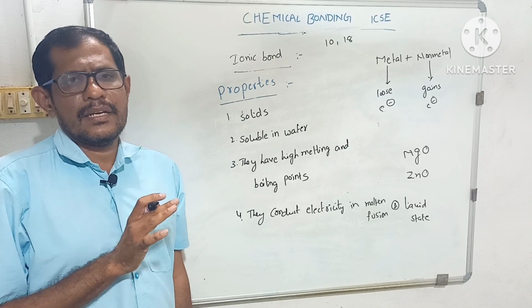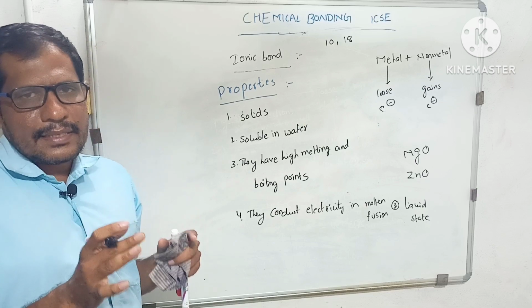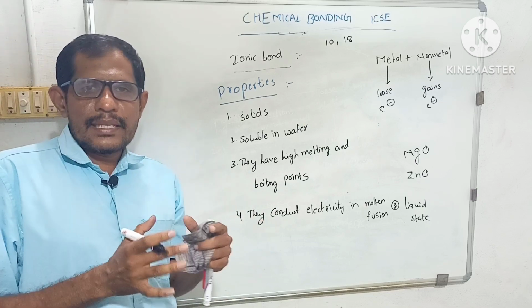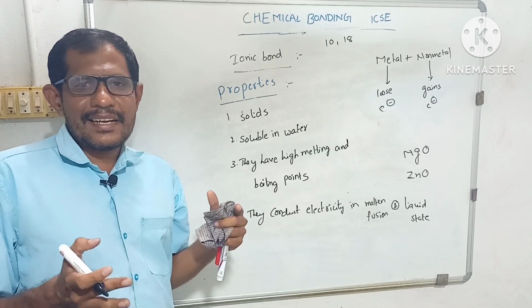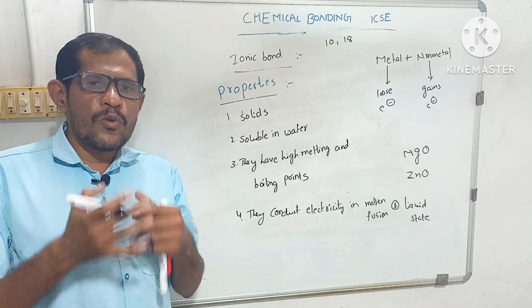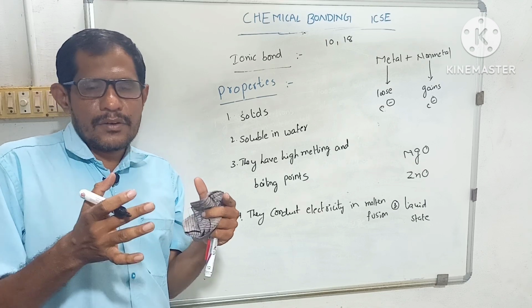Why? Because to conduct electricity, the movement of ions is required. It is very important. In solid NaCl, there is no movement of ions. They are held by strong electrostatic forces. That's why there is no conduction of electricity.